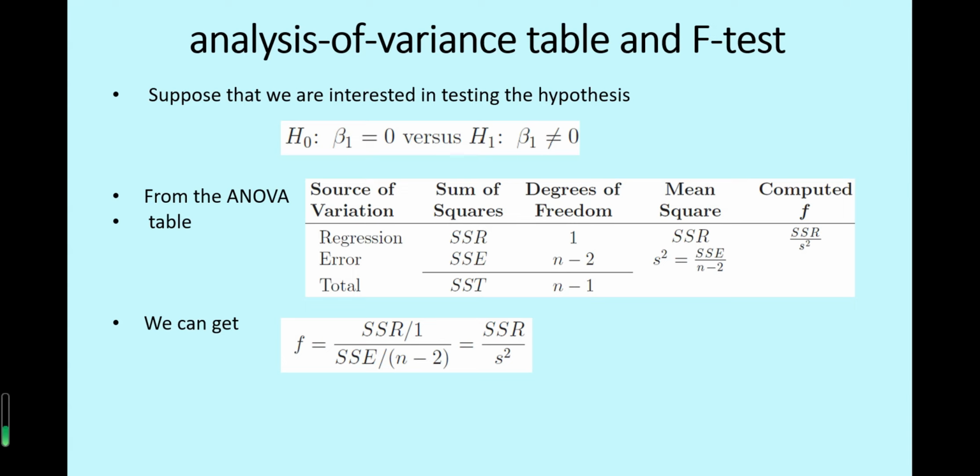But for simple linear regression with a single independent variable, the F-test is equivalent to the t-test for beta 1 equal to 0 against beta 1 not equal to 0, because with a single variable the t-test statistic squared exactly equals the F statistic. So this is just an alternative approach to the t-test for beta 1 not equal to 0.